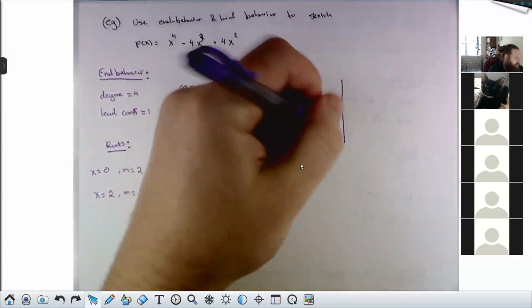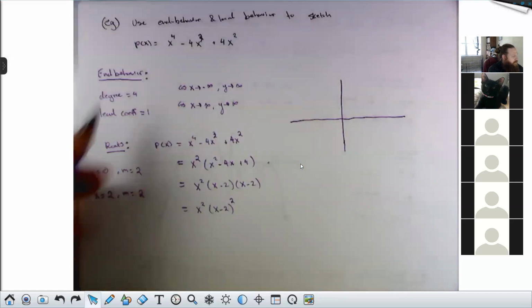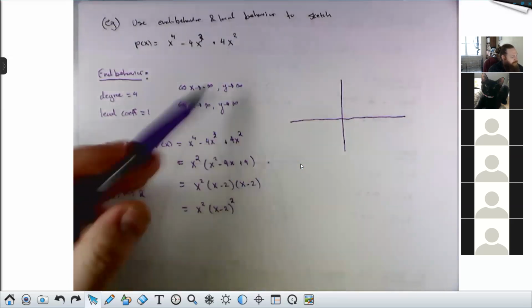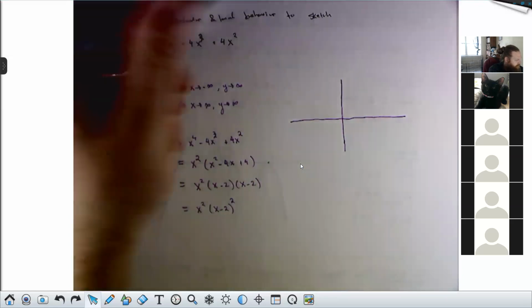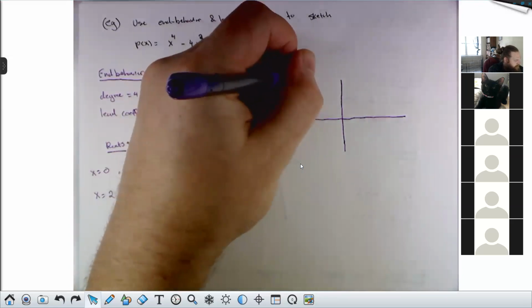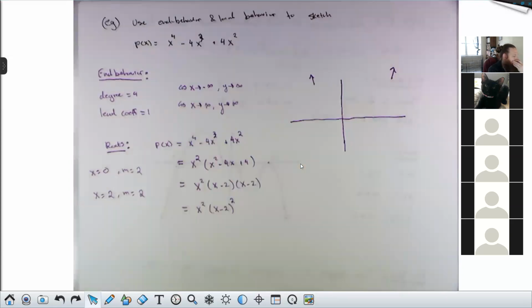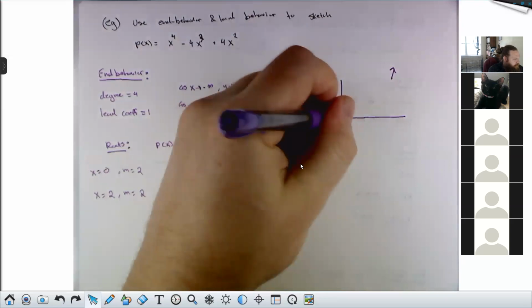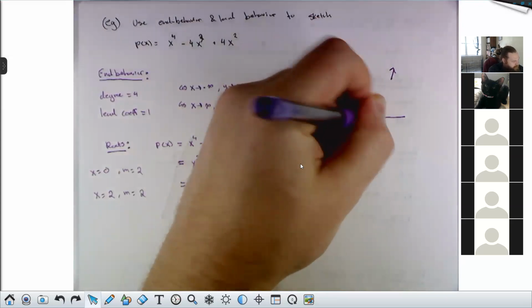Here it goes. We said the end behavior is up on both sides. I've got two roots, one here at 0 and another here at 2.